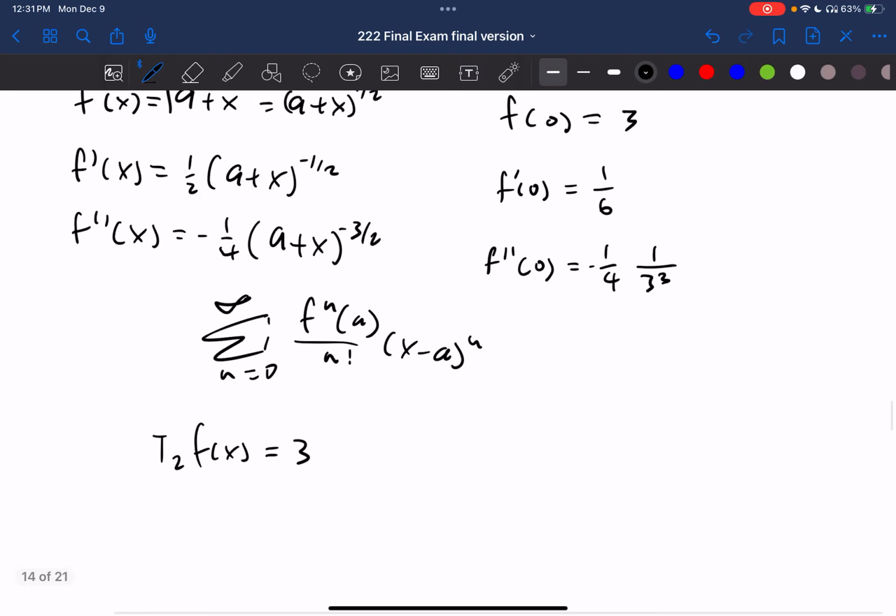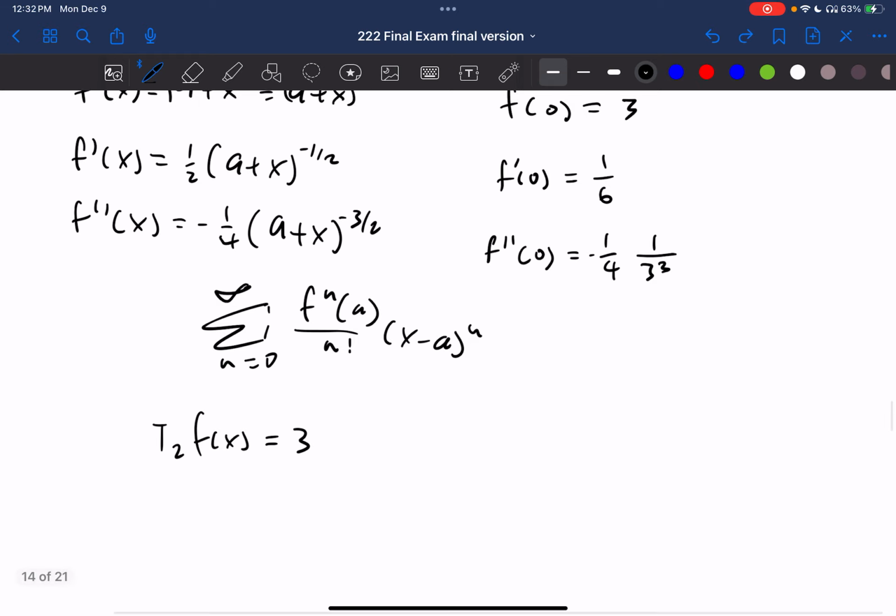So, plugging in n equals 0, anything to the 0 power is 1, so it's just going to be 3. Plus, you're going to have 1/6 divided by n factorial, which is going to be 1 factorial, so it's just going to be 1/6.